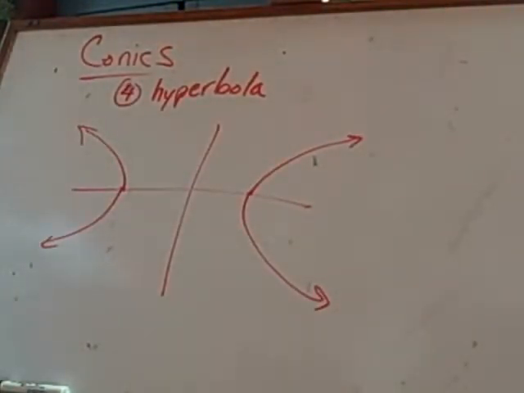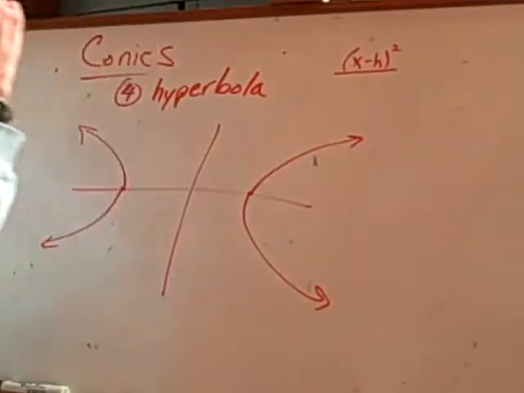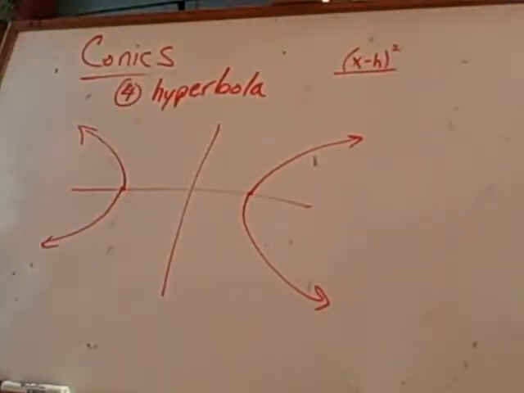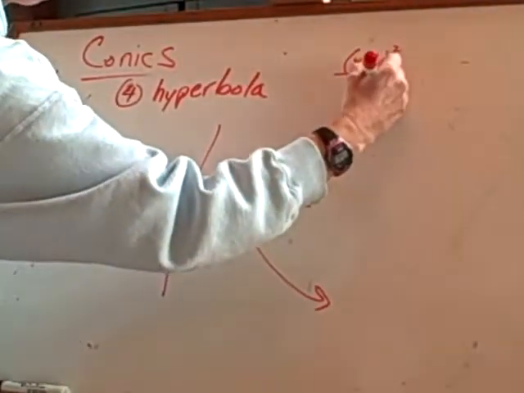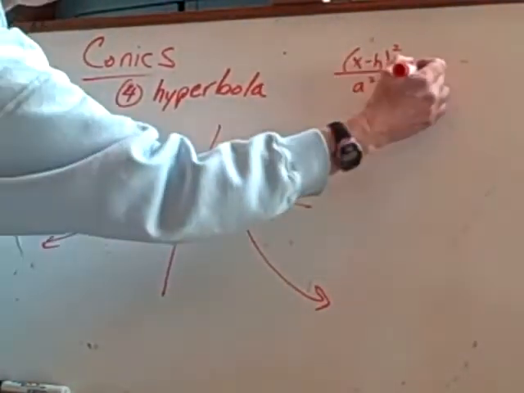Now, the general equation for your hyperbola is going to look like this. It's very similar to your ellipse. It's going to look like x minus h quantity squared all over a squared. And remember how we had a plus for ellipses? This is going to be a minus in between.